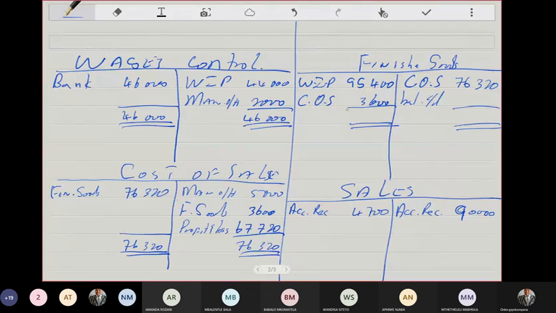So that gives us 99,000, with the balance carried down of 22,680, and you have your balance brought down on this side 22,680.